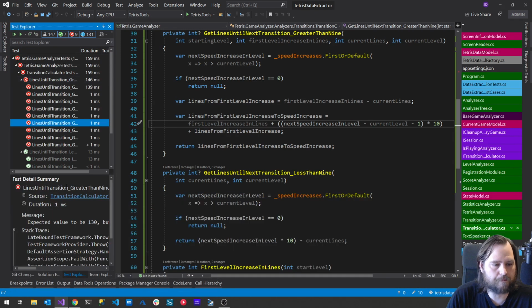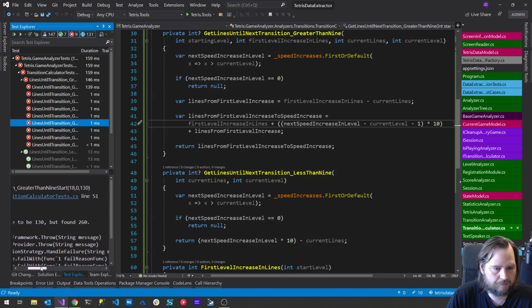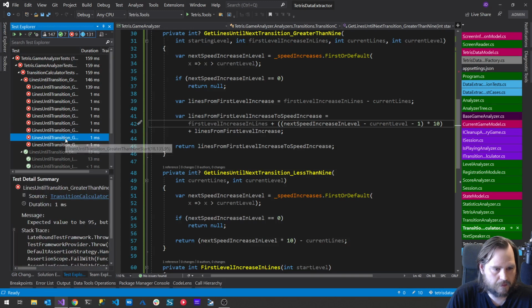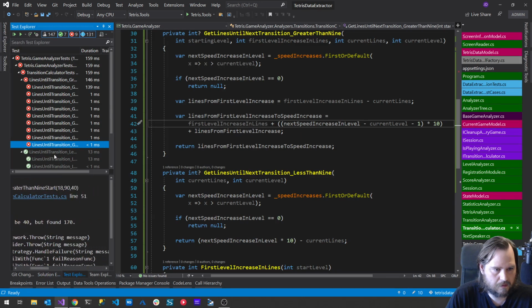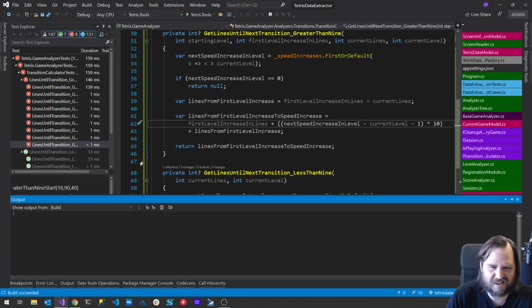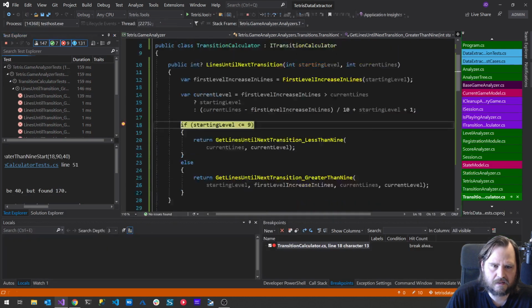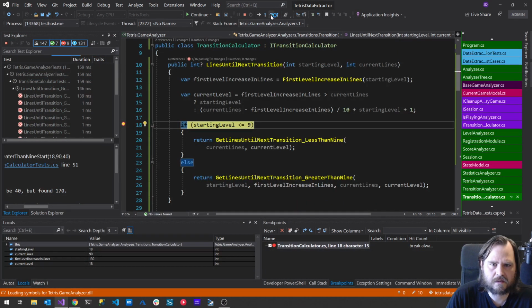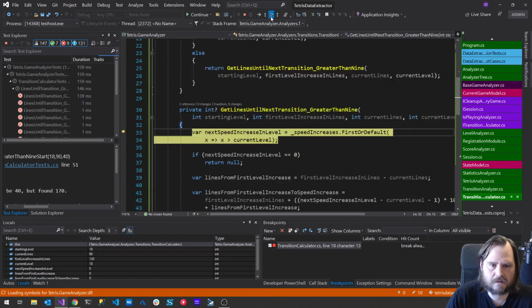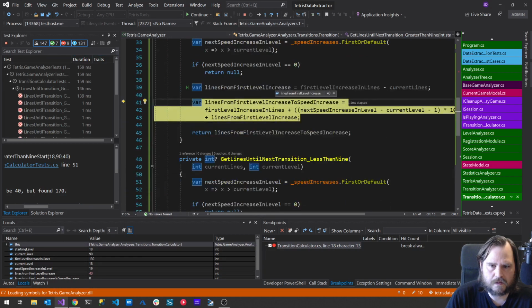Still all broken up. Where's my 40? Here's my 40. I found 170. That's really strange. This is 40. Your first level increase will be 30.